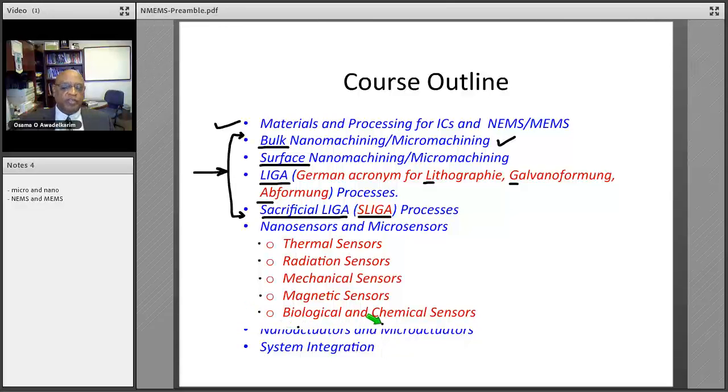Then after that, we'll be talking about micro actuators and nano actuators. So both scales of actuators will be covered. Again, how we make these actuators and what are the principles of operation of these actuators. And then eventually, in the last chapter, we'll be talking a little bit about integrating these sensors, actuators, and the IC processing units into a system, which completes an overall system which performs a particular task.